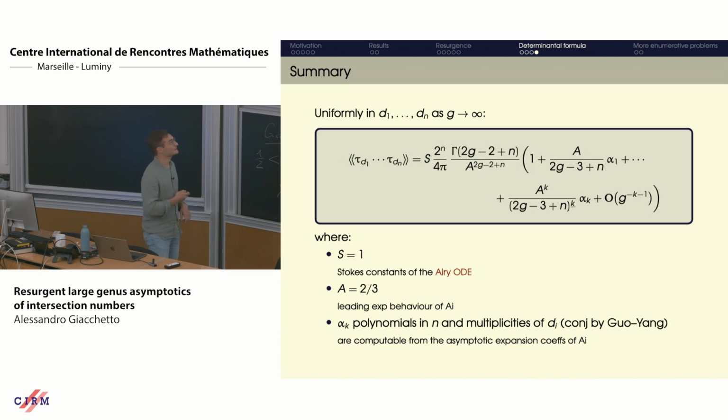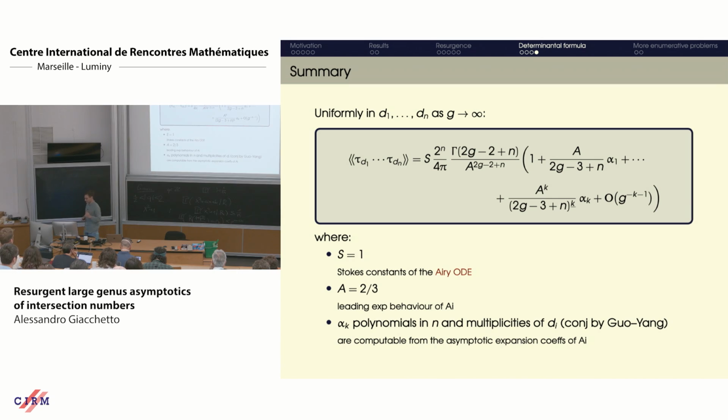But as I was saying at the beginning, the main point about this method is that it's not valid only for this kind of problem. It's more like a universal strategy to attack problems that have the same structure. So what I want to do next is just conclude with two more examples that we studied.